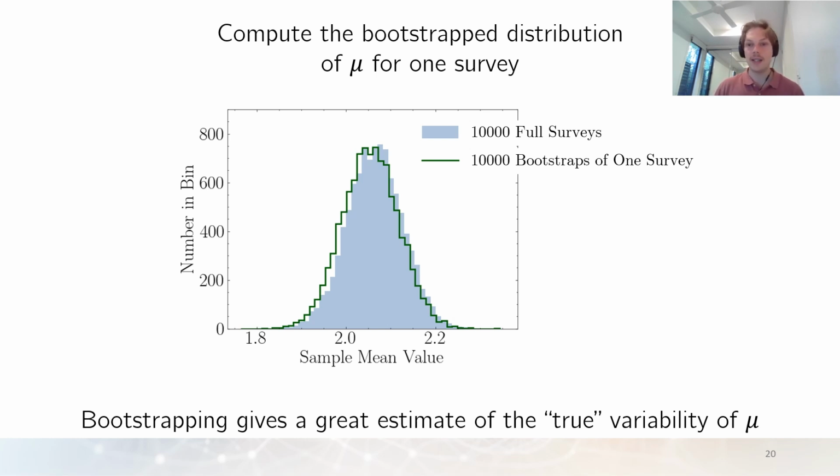And you can see that the variability in the distribution matches very, very well. So the bootstrapping gives a great estimate of the true variability of mu that we would recover if we were able to take 10,000 actual full surveys, even though that's not something we could feasibly do. So the fact that we can capture this variability with just the bootstrapping process is great news.